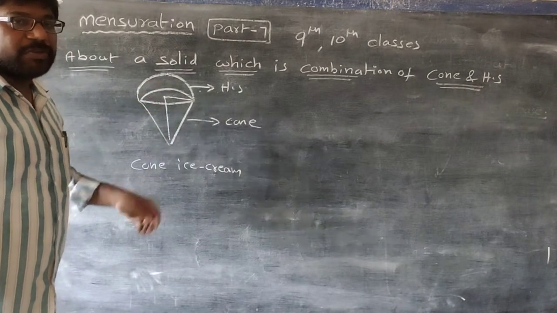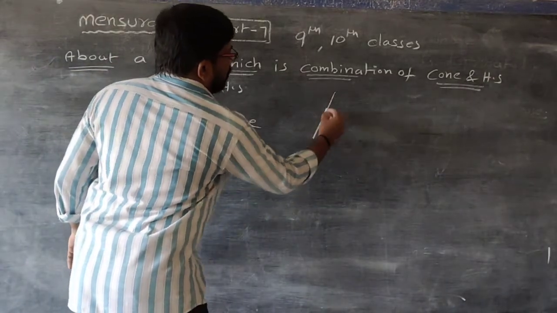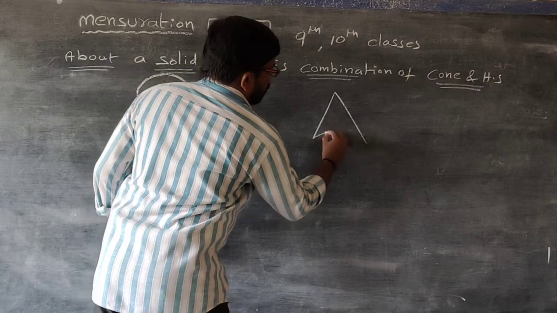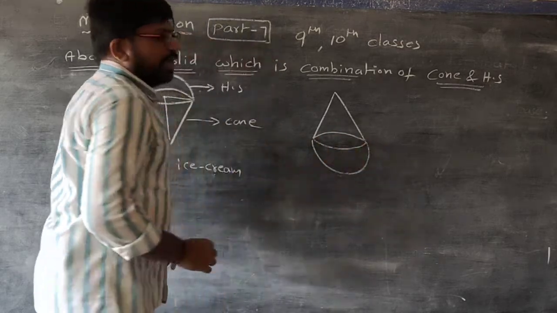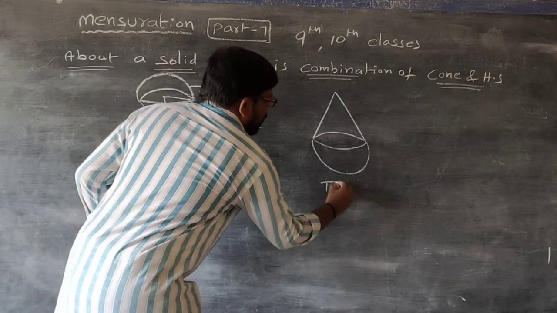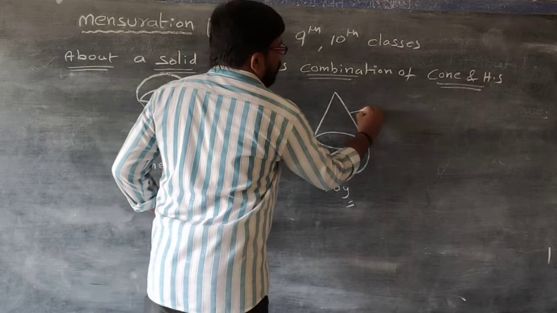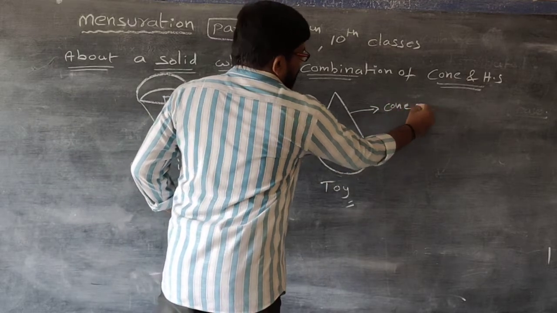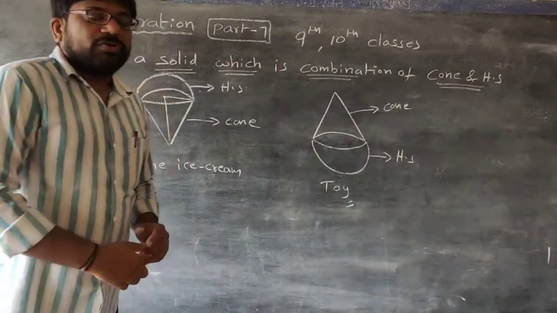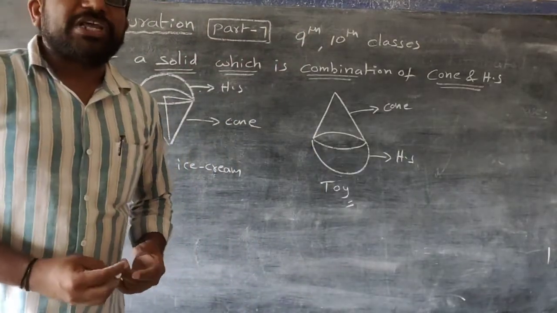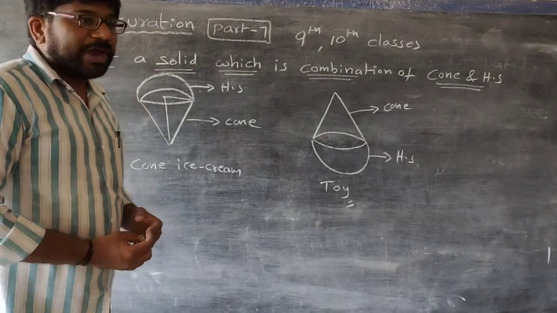A toy is also a combination of cone and hemisphere, with a conical portion and a hemispherical portion. So these two are combinations of two solids, that is cone and hemisphere.